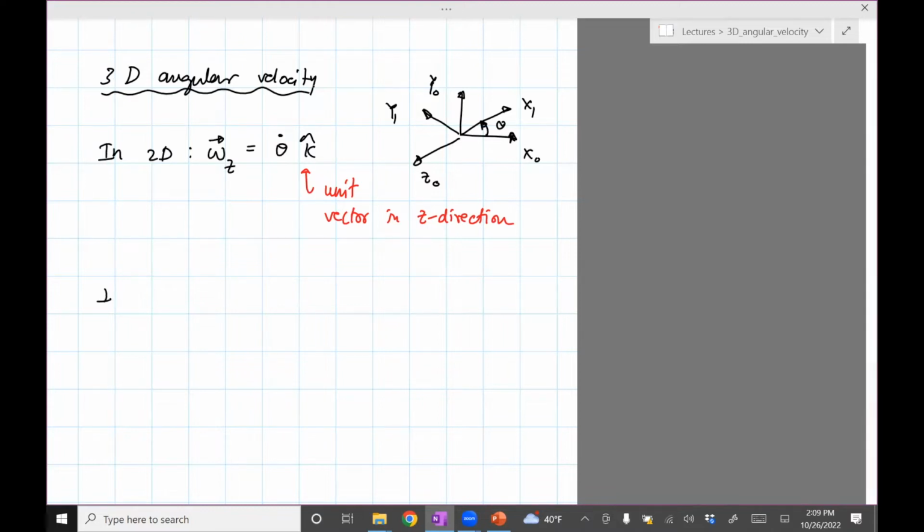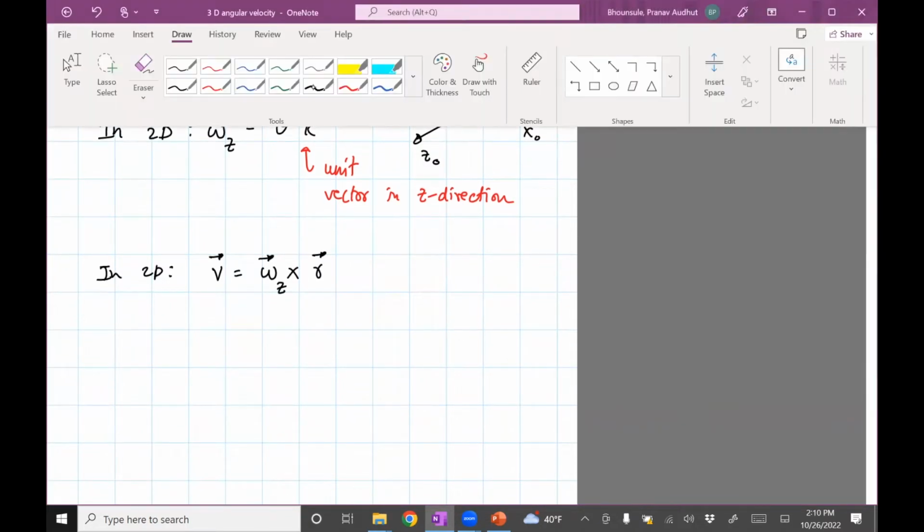Also in 2D, we looked at the velocity. And I did not quite write it in this form, but the velocity can also be written as a vector. It's v equals omega cross r, where this cross is the cross product.